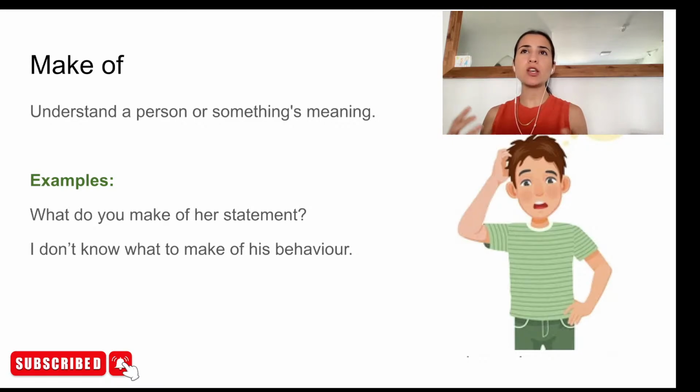And when we use it, it's around the context of trying to understand a person or the meaning of something. Okay? So these two examples I've given you are generally how you would hear this phrasal verb being used in this exact type of question.